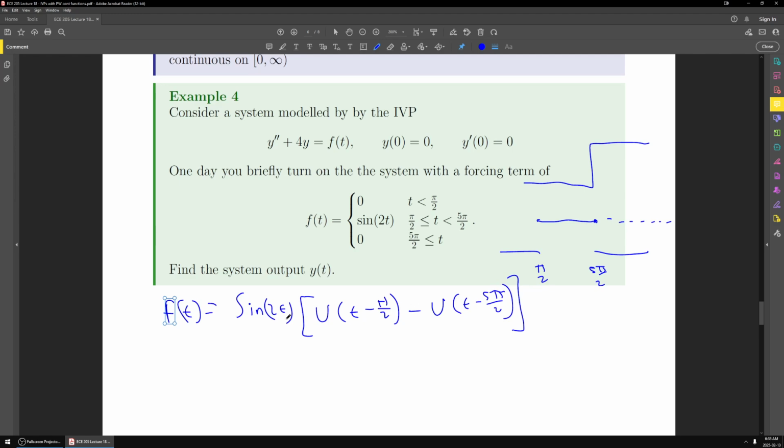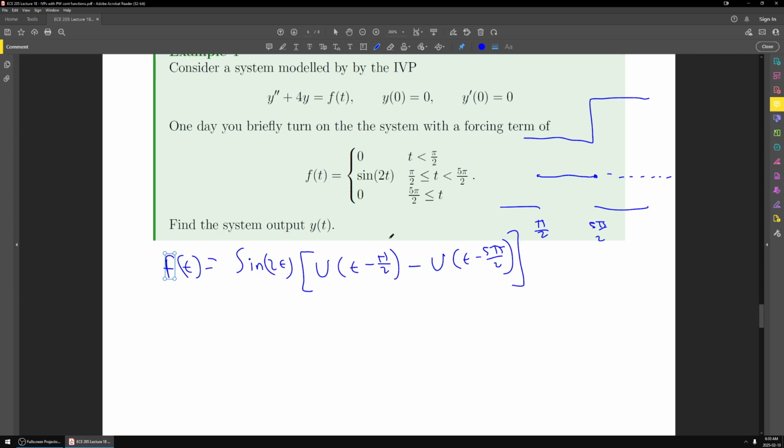Yep, that makes sense. These together give me this hat. It turns on, and this term stays on forever, but this one turns on here, so I now get the cancellation at this point to drop it back. With this in mind, all I have to do is go to my Laplace table and treat this like any of the problems that we've done over the last lecture and a half.